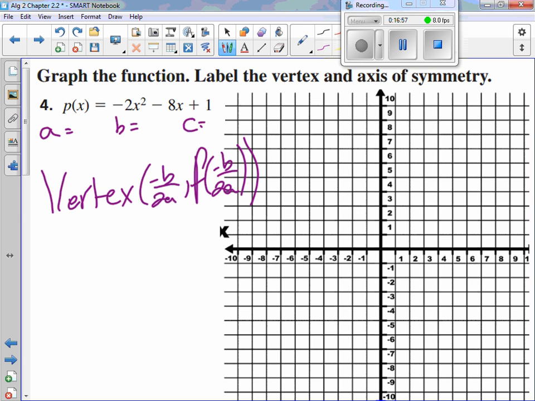Now we need to find what a, b, and c are. So here, what's the value of a? A is negative 2, b is negative 8, and c is 1. A, b, and c. It does match up with our ax squared plus bx plus c.